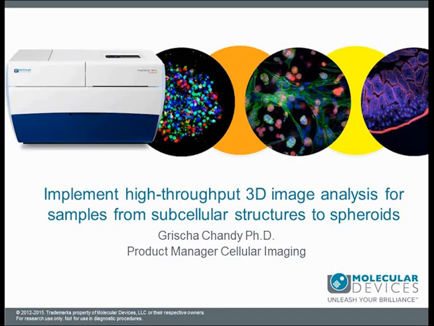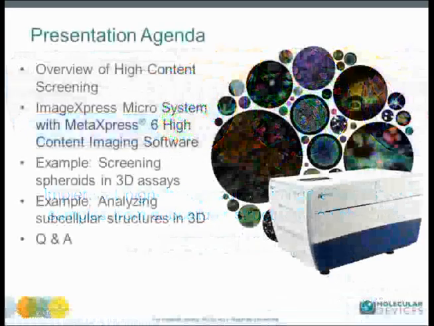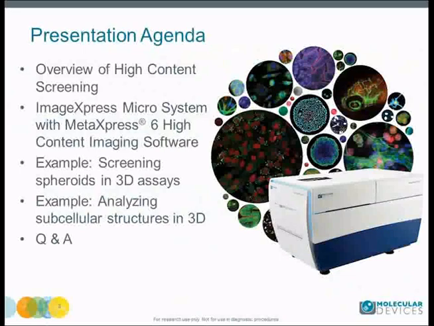I'm extremely excited to have you join our webinar discussing the implementation of high-throughput 3D image analysis for spheroids as well as subcellular structures. I'm going to go over an overview of how you do high content screening, what that means, and how the MetaXpress Micro and MetaXpress software packages fit into that workflow.